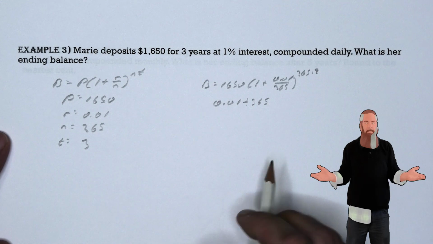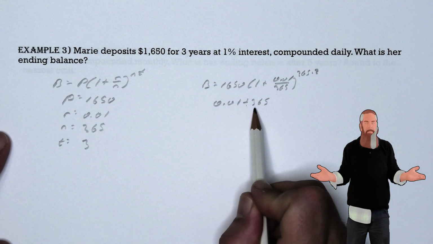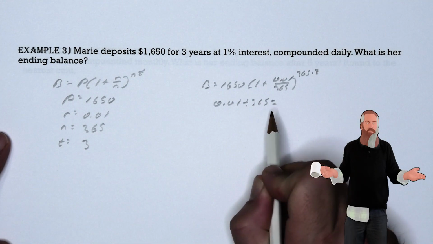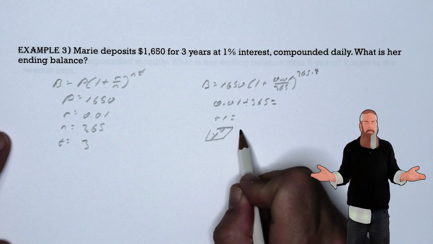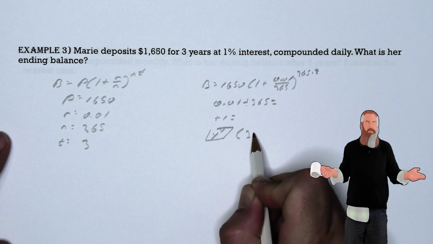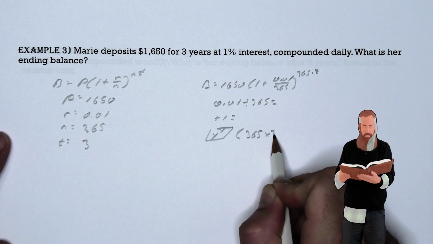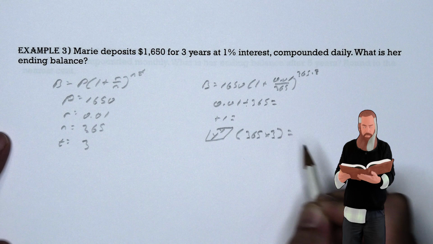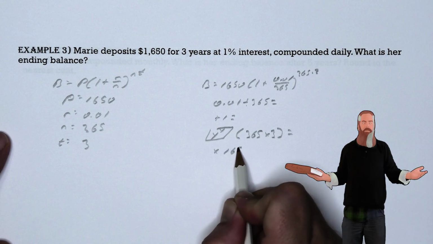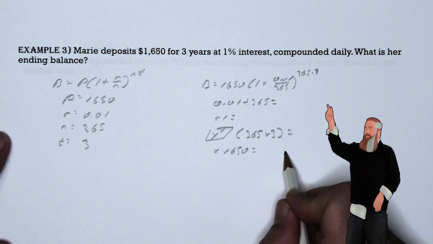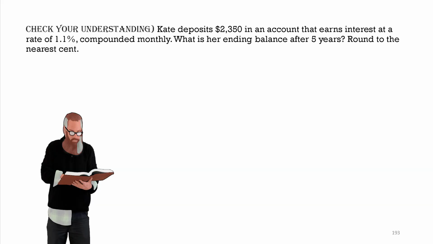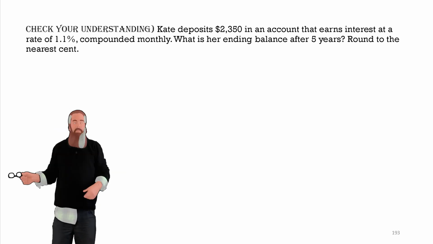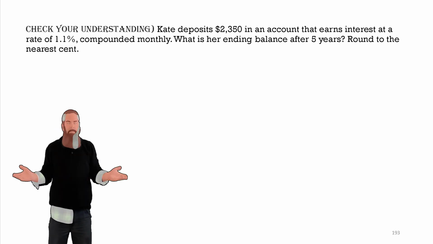So to put this into a calculator, we're going to go 0.01 divide 365 equals plus 1 equals the exponent button, open the parentheses, 365 times 3, close the parentheses, equals, times 1650 equals, and we're going to get $1,700.25.